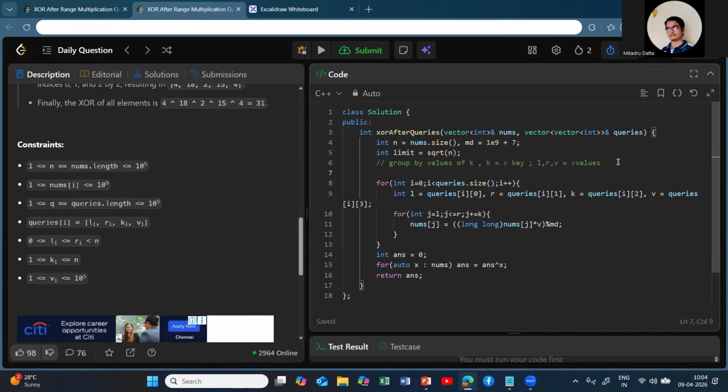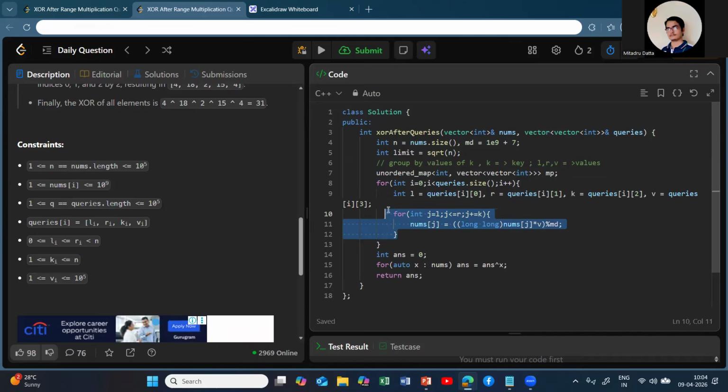For that, of course, I will need an unordered map, int comma vector of int. You will understand why I am doing it like this, and I will call this map. Now I want to go through all the queries. I want to process L, R, K, V, all 4 values of the queries.